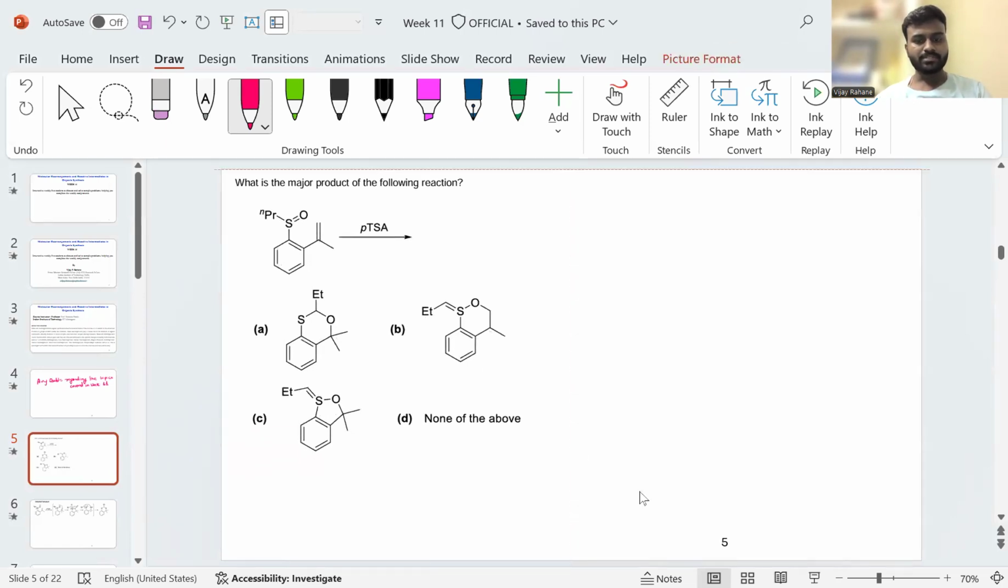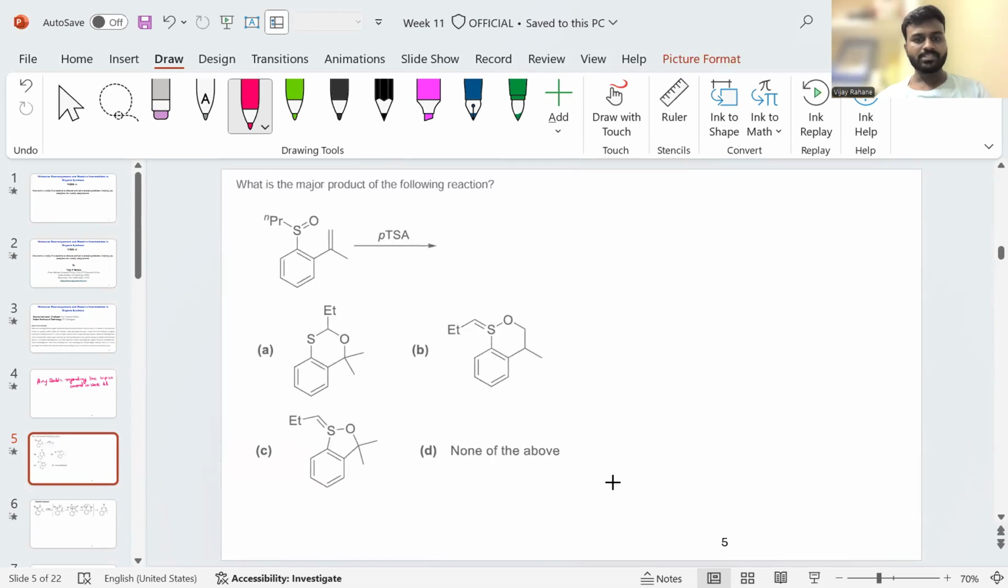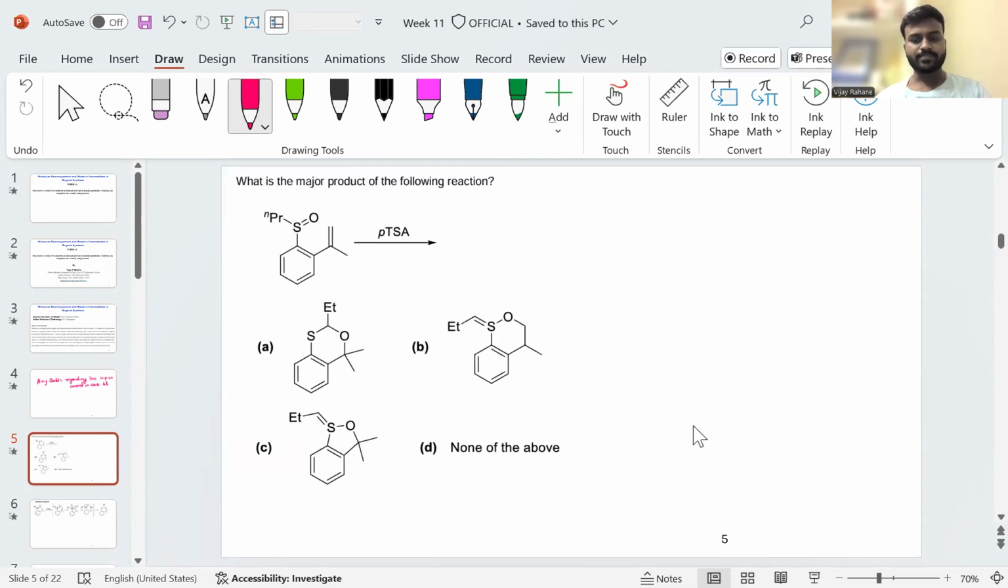The question is, what is the major product formed in the following reaction? Here we have the starting material, which is the benzene ring with the conjugated double bond and the PTSA as a catalyst.